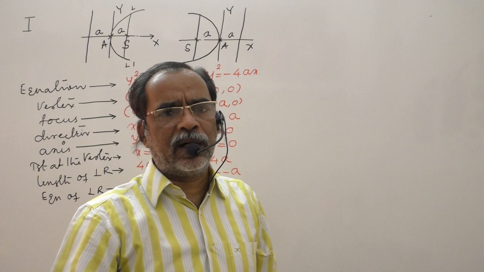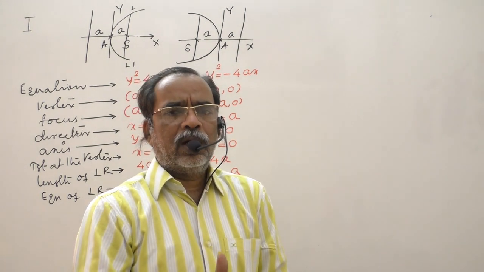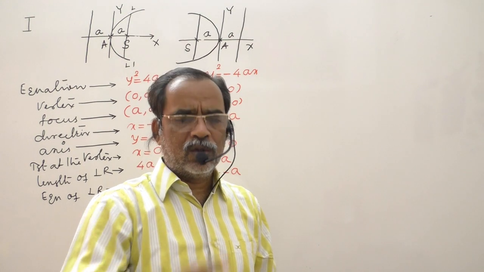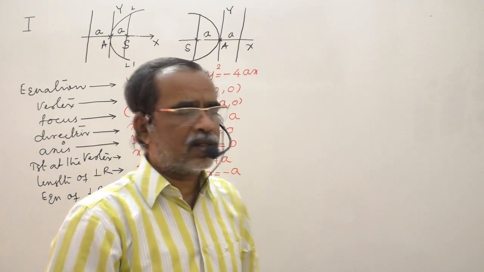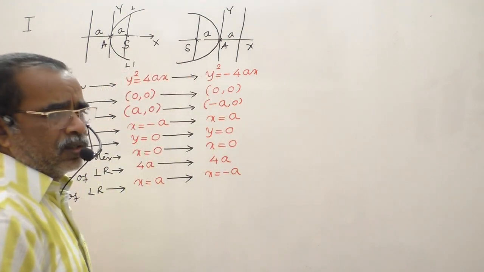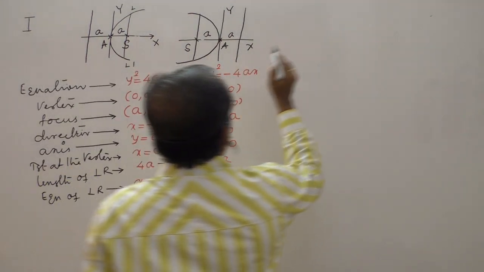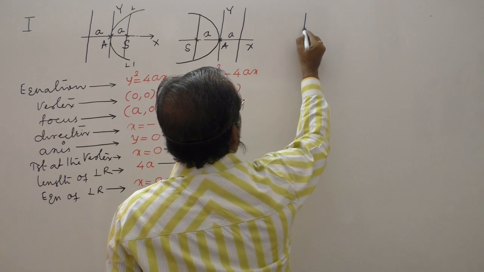Very simple. What is required? A little bit of practice. So you take paper, take a book, draw the figures, and practice these details for them: what is the focus, what is the vertex, etc. So this is the second one. Next, number 3.